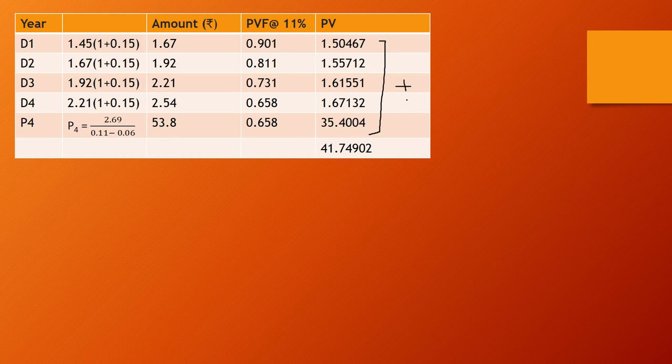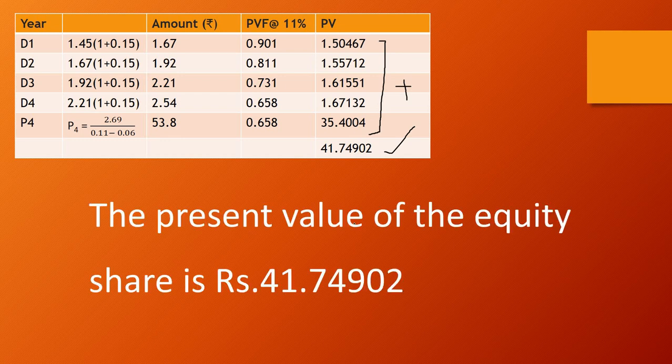Once you add all these values, your value will be 41.74902. So I can say the present value of equity, that means P0, is rupees 41.74902. That means this particular share value is rupees 41.74 in the stock market.